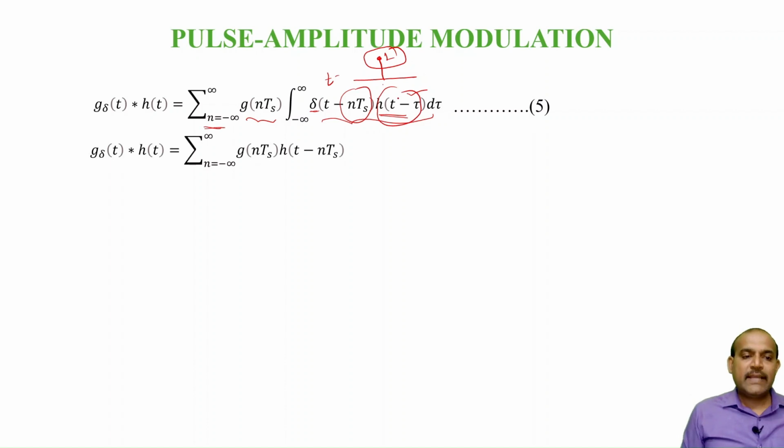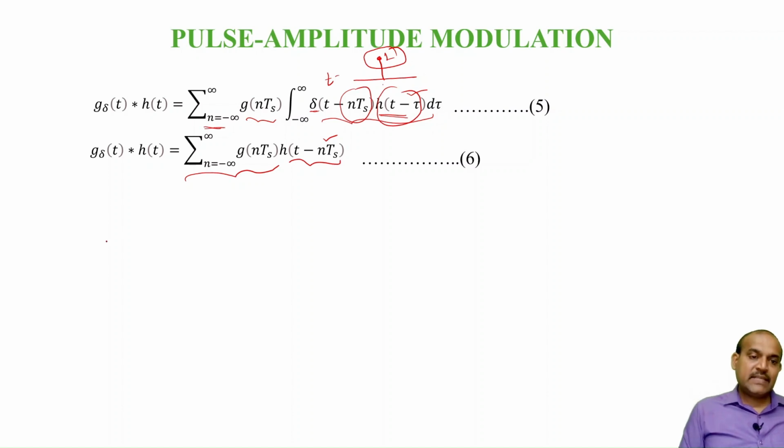Therefore, I can write the convolution of this as the summation of g of nTs as it is. When you multiply 1 into this function, you get the same function, but it is shifted at every nTs. So this is the convolution of these two signals.